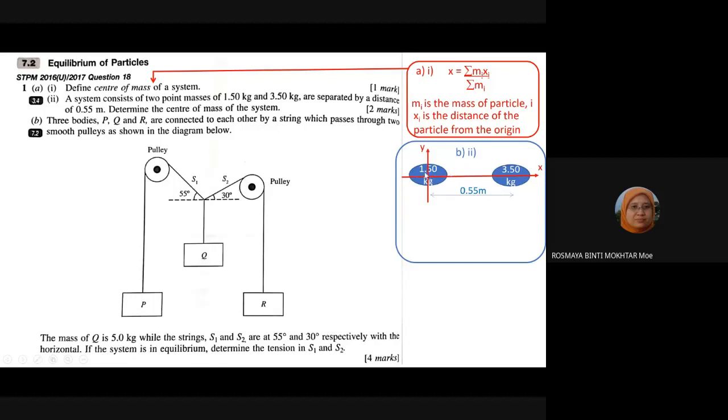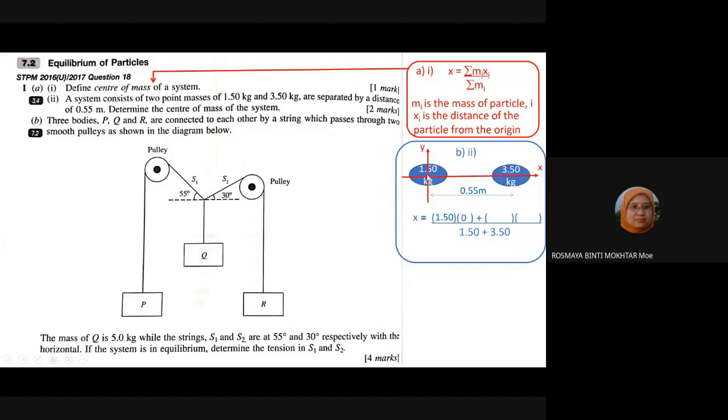Let's say I choose the 1.50 kg. We have two masses, so we put two sets of m times x, so that we don't make a careless mistake. The mass here is 1.5 kg and the x is 0. Why? Because we choose the fixed point here.